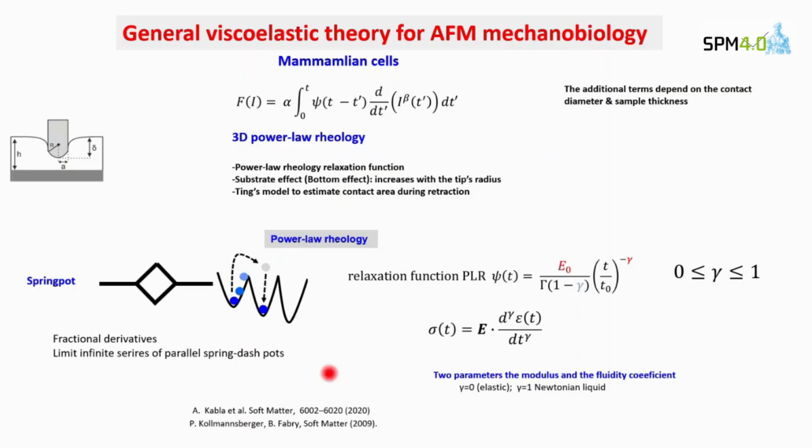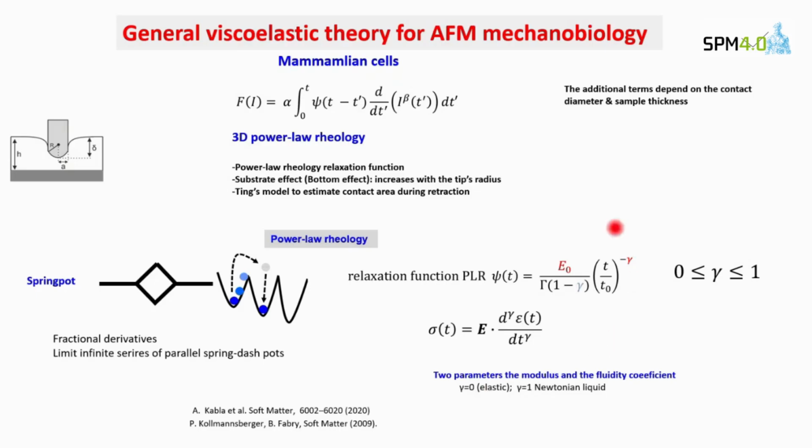But you can also deduce this model by just considering a series of infinite springs and dashpots, and doing an asymptotic expansion, and you can also get a power law.